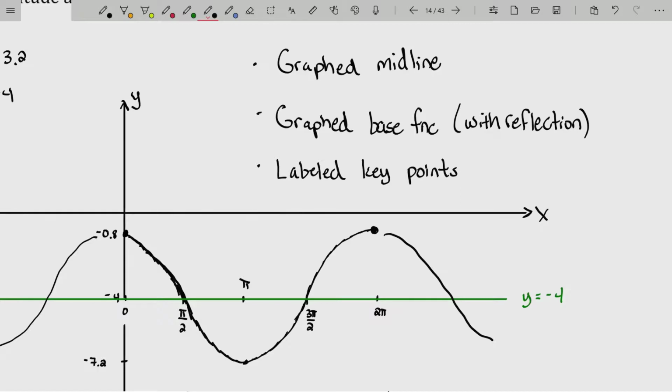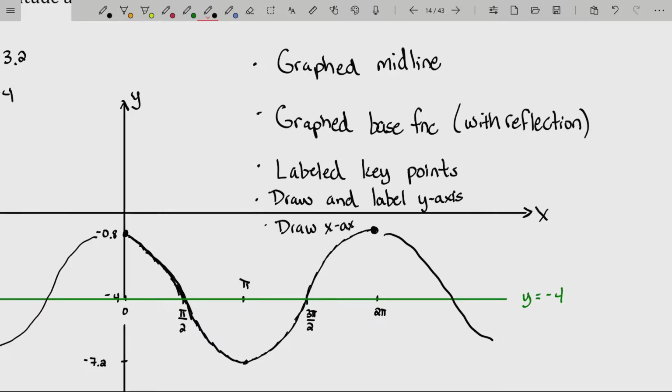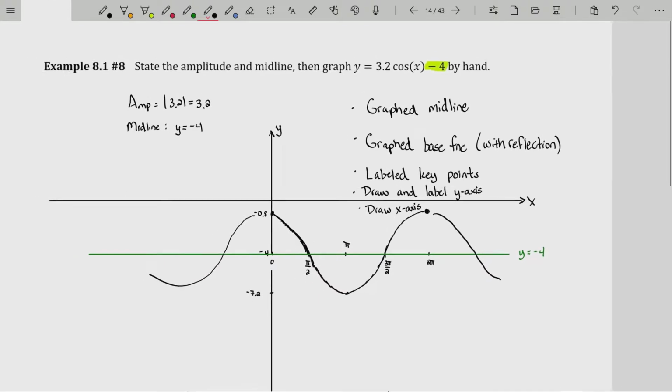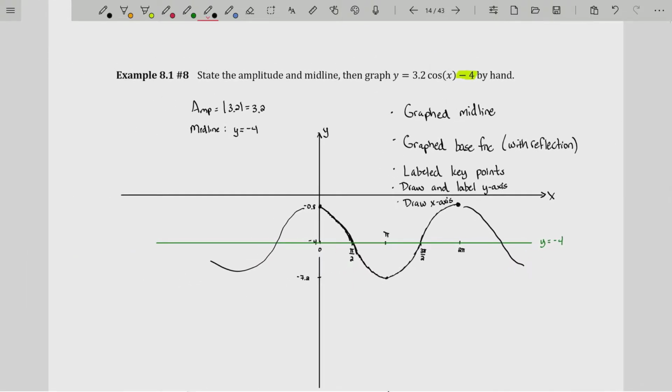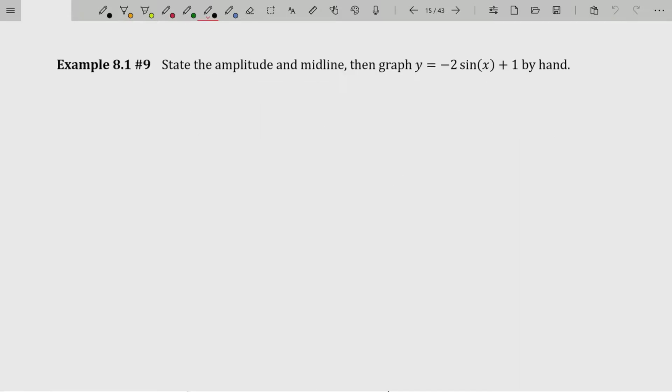Points, pluralize that. After that, drew the y-axis. Draw and label. How's that? Draw and label y-axis. And then finally, draw x-axis. And this method will get more and more robust as we move forward. But for now, that's what we did.